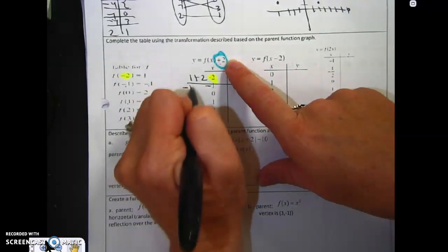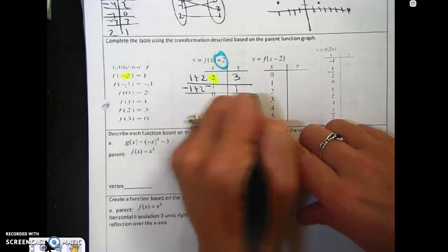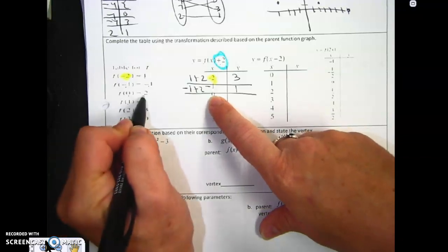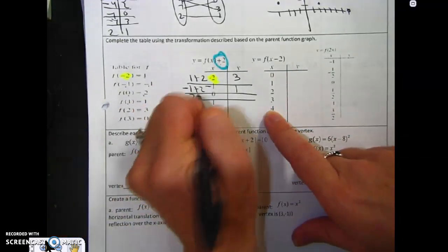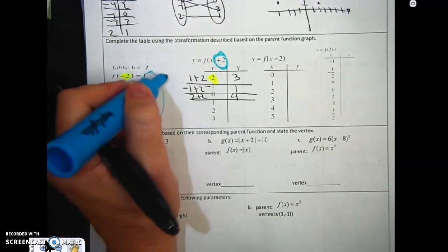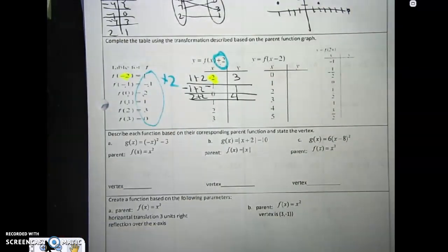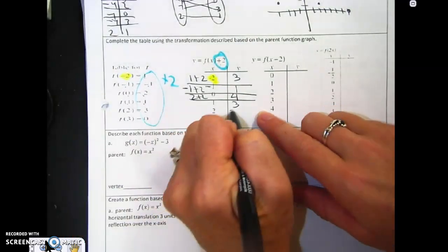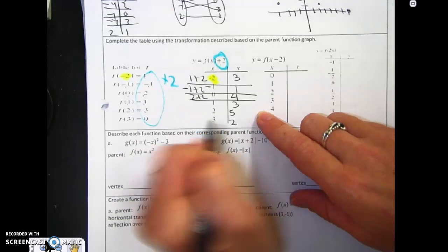Now I add 2, and that's 1. So then I take the 0. It's 2 plus 2 is 4. So really what I'm doing is to all of these, I'm adding 2. So I'm going to take this, add 2. Take this, add 2. Take this, add 2.